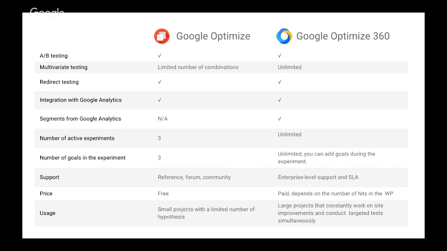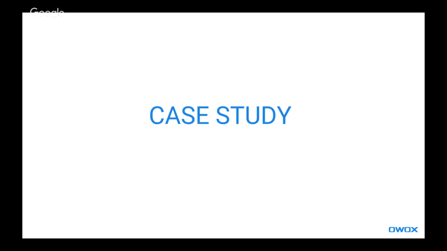And to sum it up, the free version of Optimize will be a good fit for small projects with limited number of hypotheses that don't run experiments daily, versus the big projects that constantly work on improvements and run experiments simultaneously all the time. That's where the 360 version comes in.